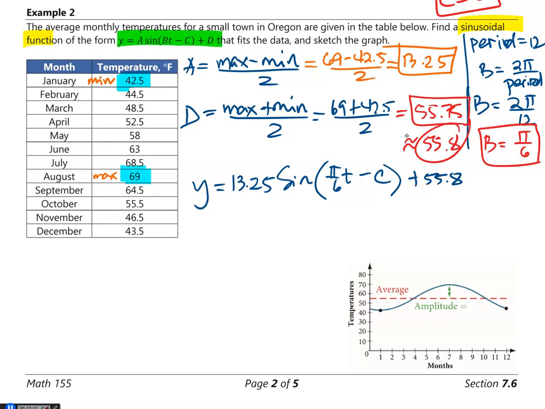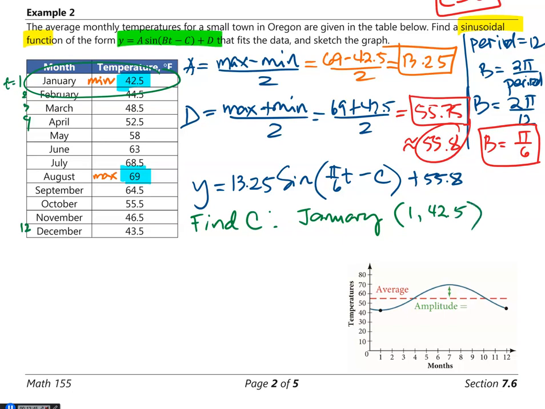So to find c, we need to plug in, let's say the first one, January. This is the first month, so this is like a t is equal to 1. So this is 2, 3, 4 up to 12. So if we're using the first month, January, we have the coordinates 1 and 42.5.